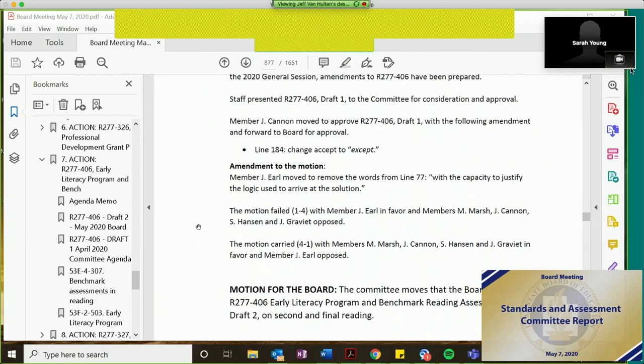Any further discussion? Board Member Earl. Yes, I just want to speak to a couple of things in this rule. Once again, we're tying assessments back to reaching certain percents. I feel like we need to be broader in that, allow several meaningful, authentic assessments to be applied. And I realize this is the law, but we also wrote the law.